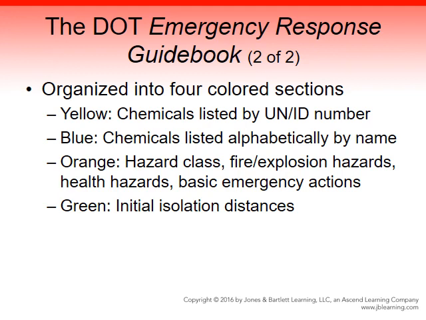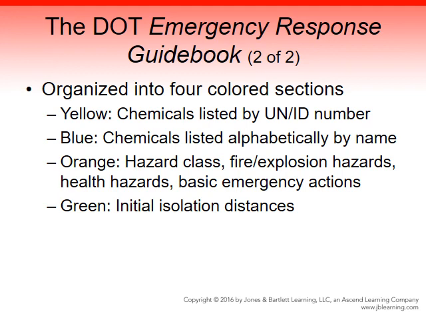Essentially, in a nutshell, you're going to look up the chemical in the yellow or blue section, whether it be by name or number. Then that section will give you a guide number that corresponds to a section in the orange. And you'll go to that reference page and it'll give you generic preliminary actions to do for that type of chemical.